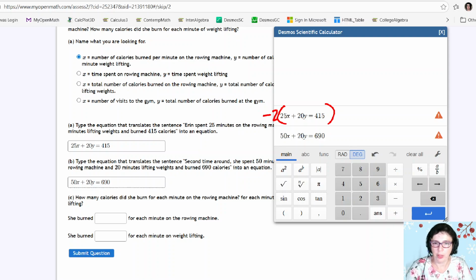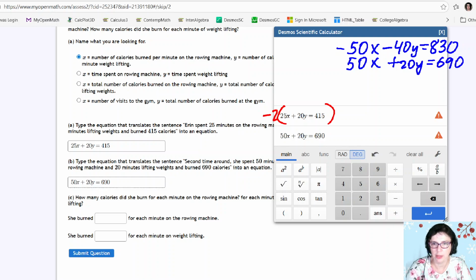What will happen? I will get negative 50x minus 40y equals, you can use the calculator, 830. And then the second equation is 50x plus 20y equals 690. Now, when I added this up, the 50x and negative 50x cancel out, and I will get negative 20y equal to, well, what is 830?